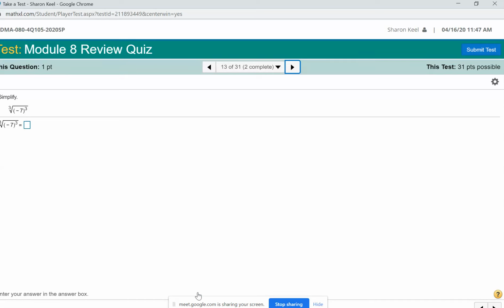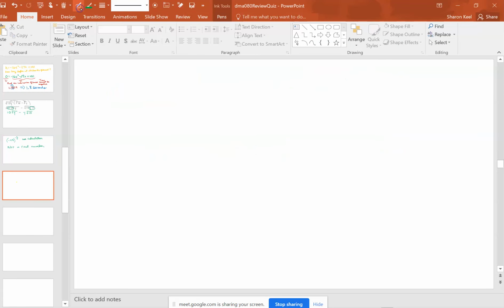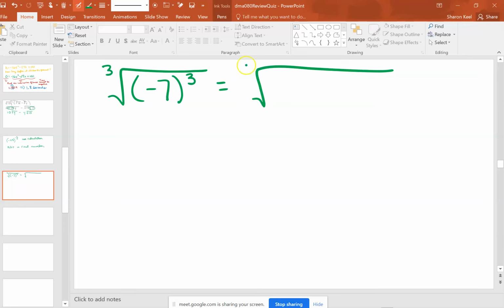Here we have the cubed root of negative 7 raised to the third. I just want you to see exactly what this means.